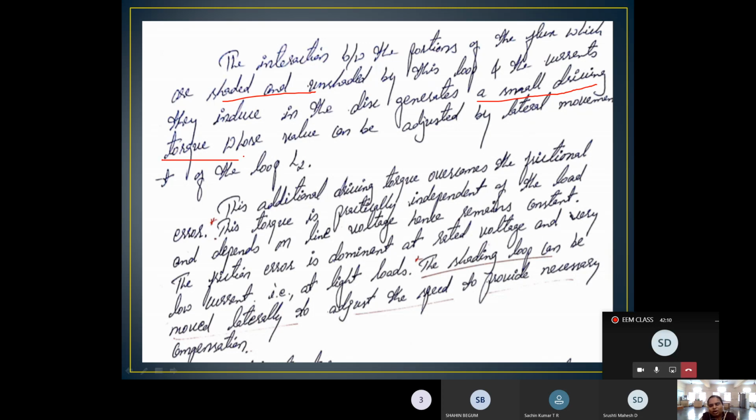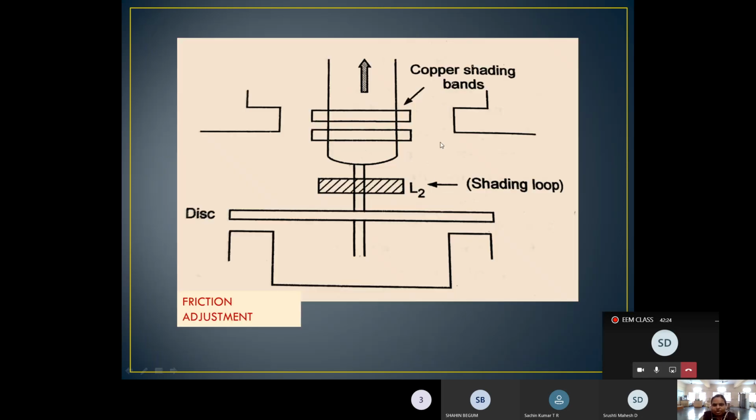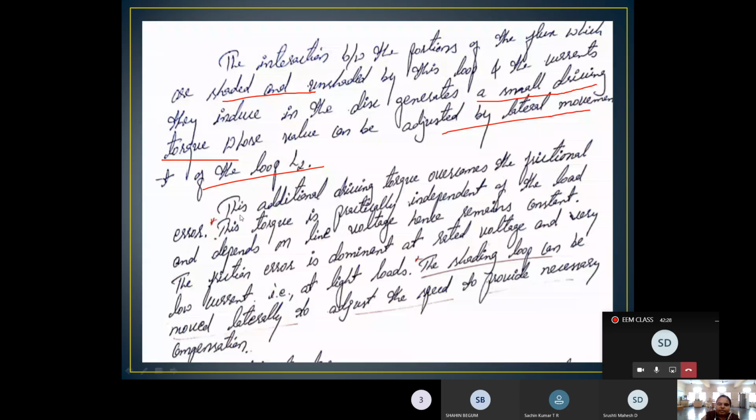Due to this, a small driving torque is going to be introduced, whose value can be adjusted by the lateral movement of the loop L2. That's what this point is telling. Then this additional torque overcomes the frictional error, avoiding the error.